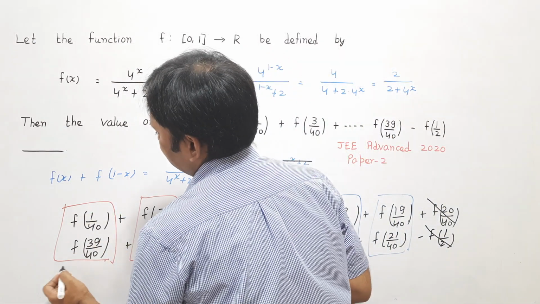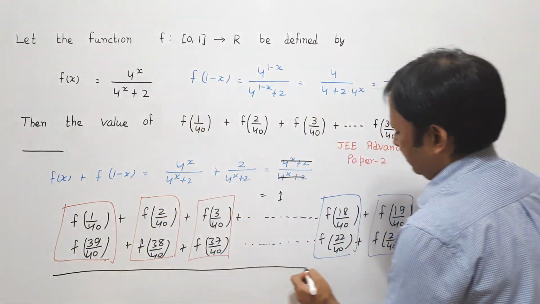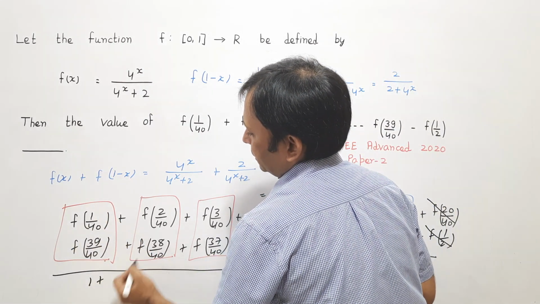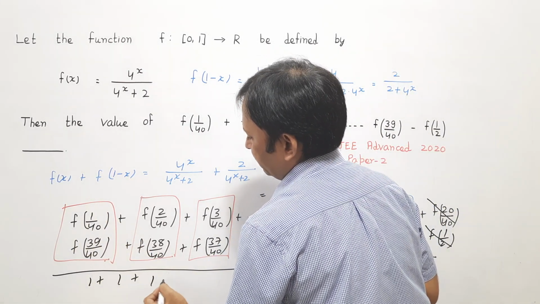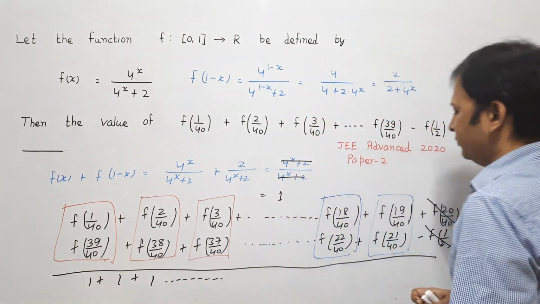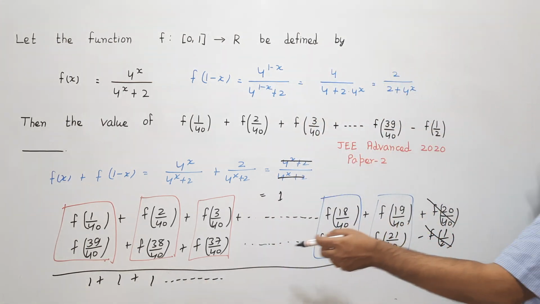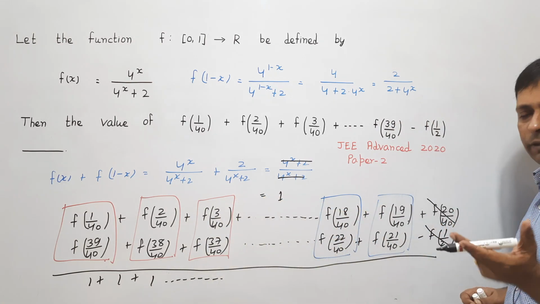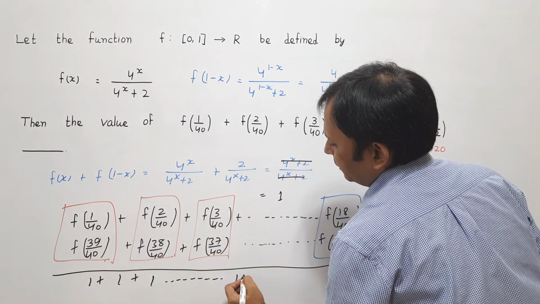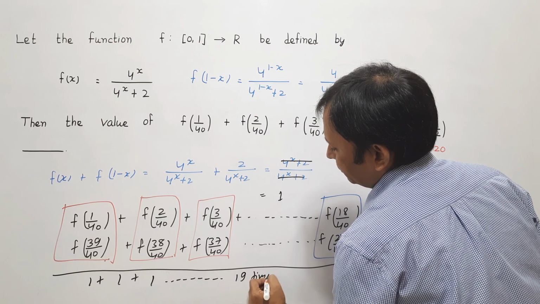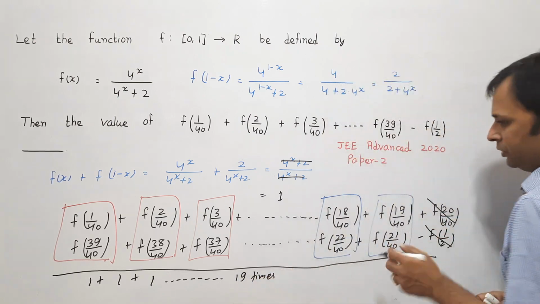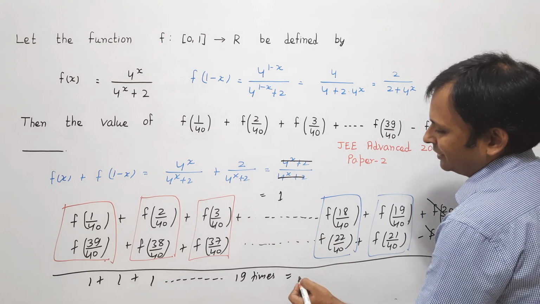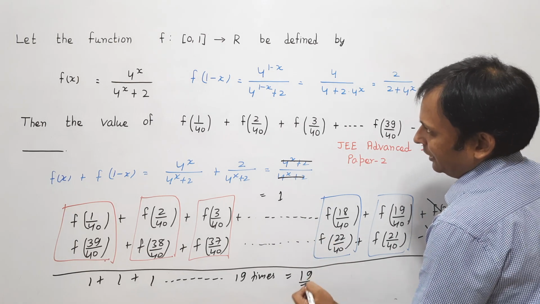Now the sum of these two values is 1, this sum is also 1, this sum is also 1, and this 1 plus 1 plus 1, how many times am I going? 1 by 40, 2 by 40, 3 by 40, and the last value is 19 by 40. So this comes out till 19 times. So 1 plus 1 plus 1 till 19 times, what is the value? This is nothing but equal to 19.